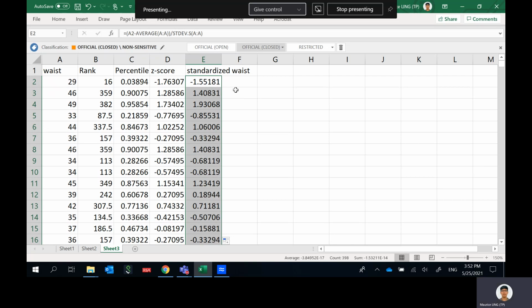Okay, so now all the calculation is done. What you need to do is to plot the values out. All right. So you just check a few rows and make sure you get the same values as me first. Okay, let's check a few rows.